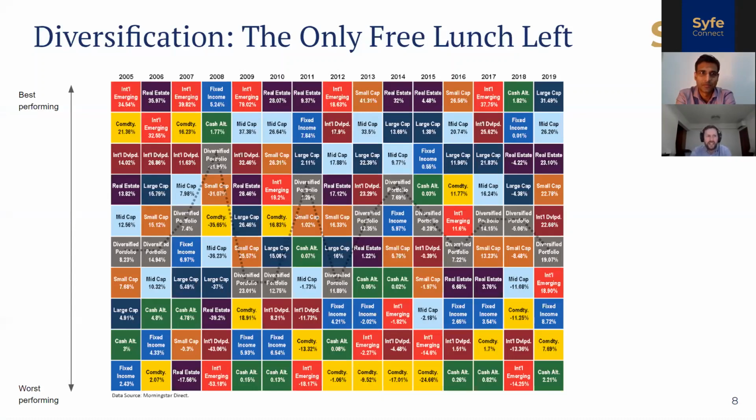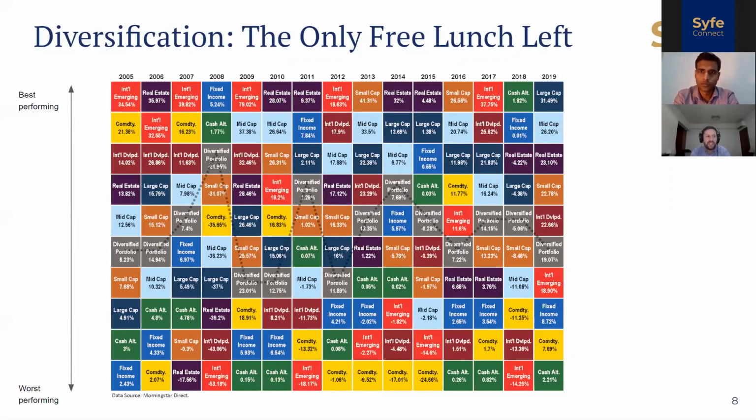On this slide, each column represents a year, and each colour represents an asset class. The higher the asset class, the better performer it was in that particular year. Conversely, the lower the asset class, the worse it performed in that year.